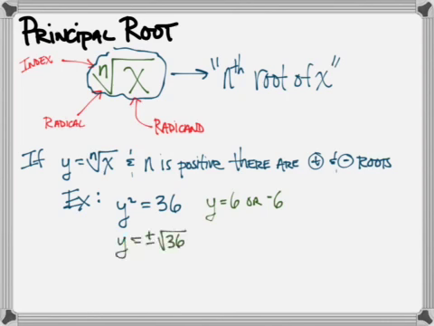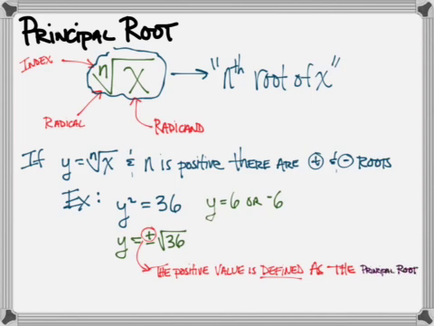So although the true mathematical expression is plus or minus root 36, I'm only going to take the positive value, which we define as the principal root. From here on out, we're going to keep that value together and only take the positive one.